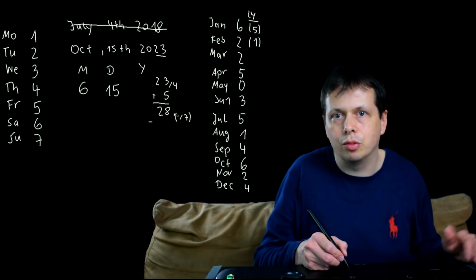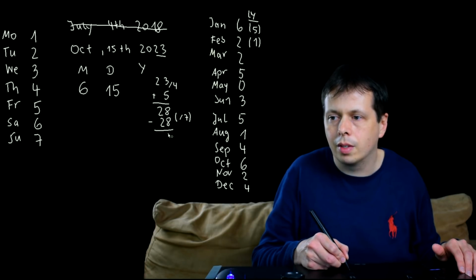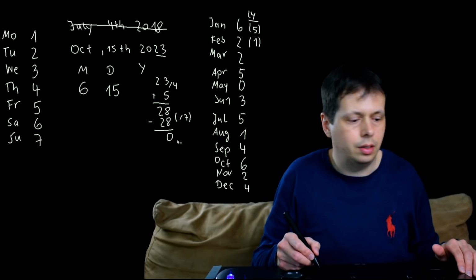And yes, 4 times 7 is exactly 28, so it fits exactly, and we get a 0 here.